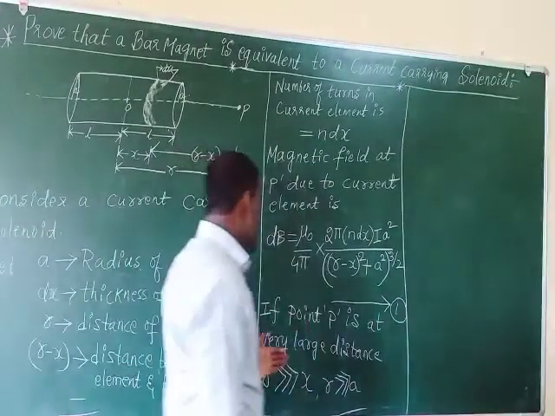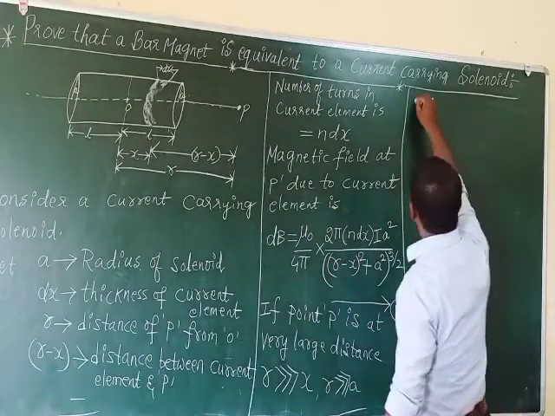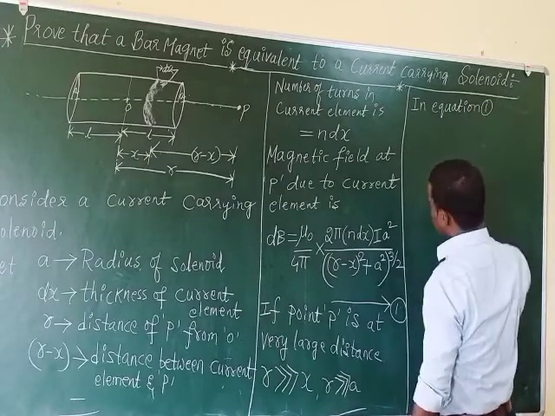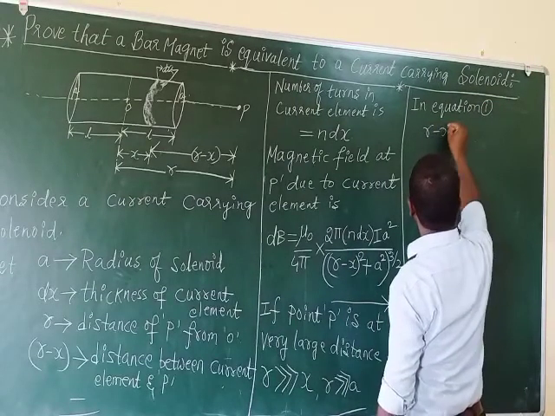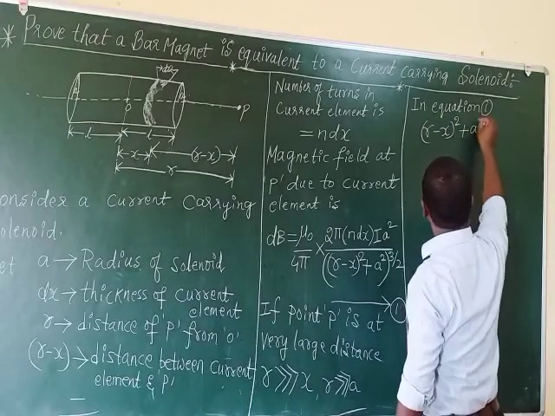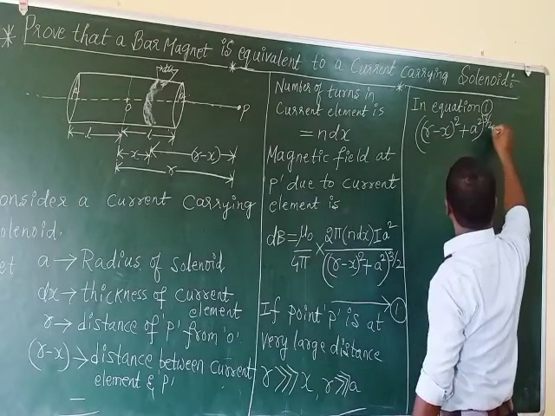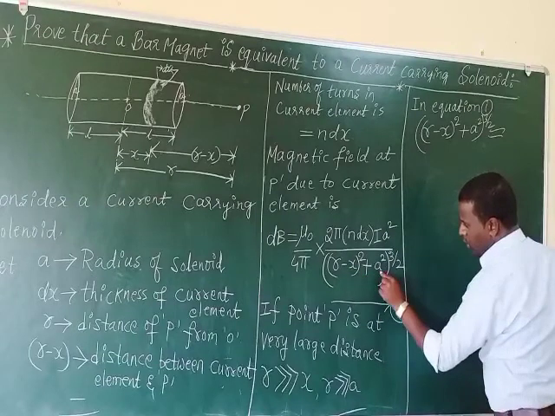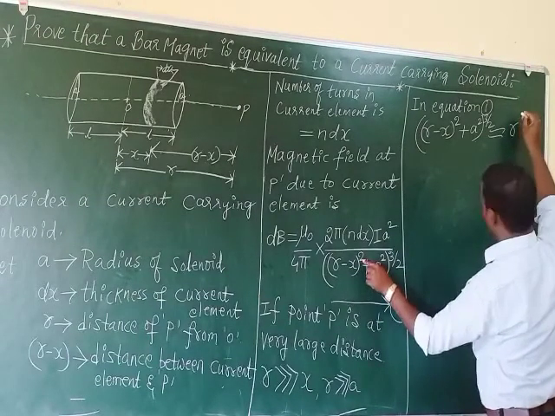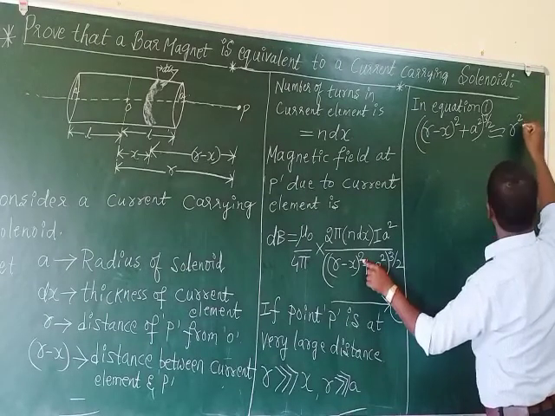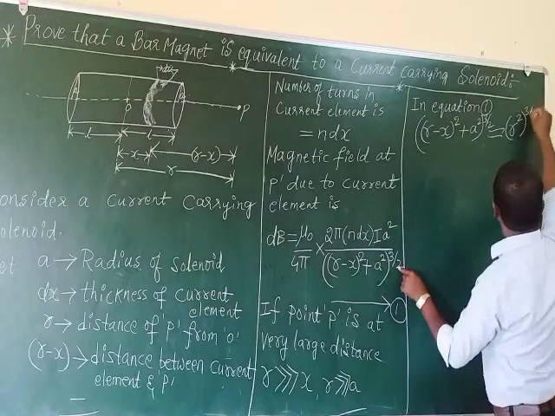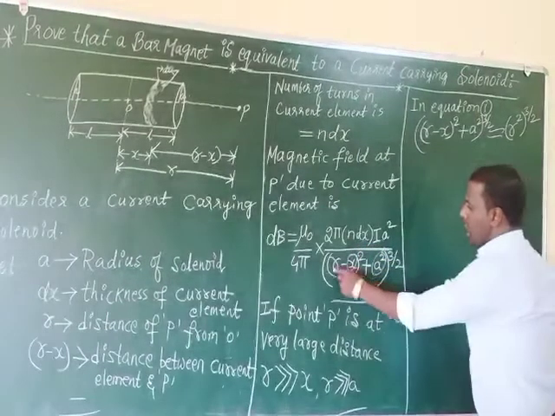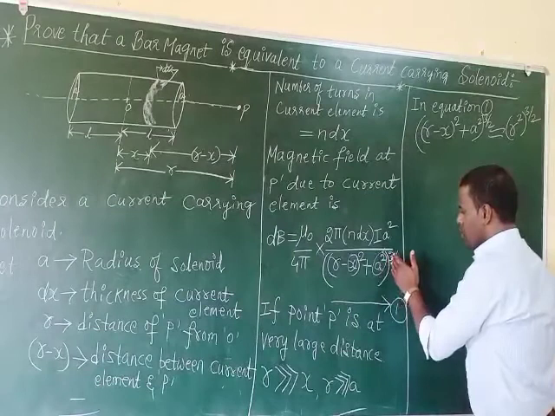Now in equation 1, the denominator r minus x whole square plus a square, whole to the power of 3 by 2, becomes equal to r square, whole to the power of 3 by 2, since x becomes 0 and a becomes 0. What is left now is r square, whole to the power of 3 by 2.